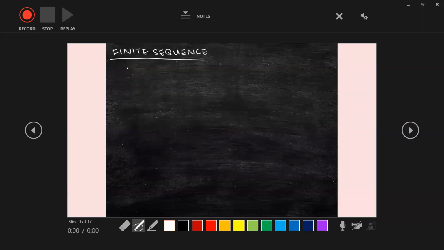It looks like this: 3, 6, 12, 15. Let's go on to 18. Well, if we have a finite series and we are finding the sum of the terms of a sequence, then we are adding all of these things together.